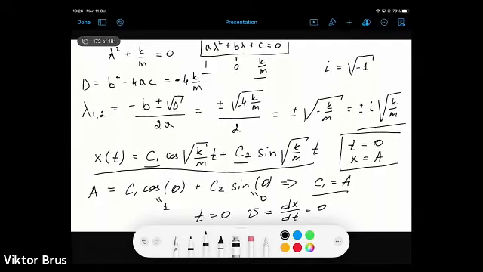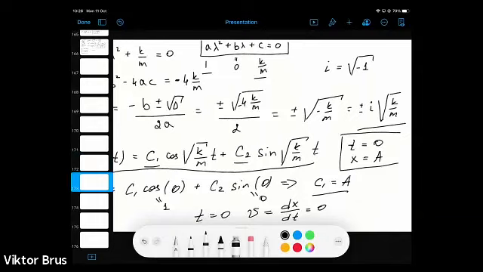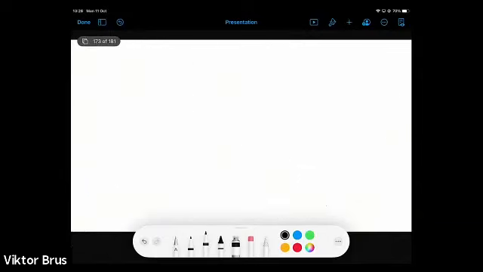So let us write on the next slide this general form x as a function of t, and then we will take the first derivative over time. So x as a function of t is equal to C1 times cosine.